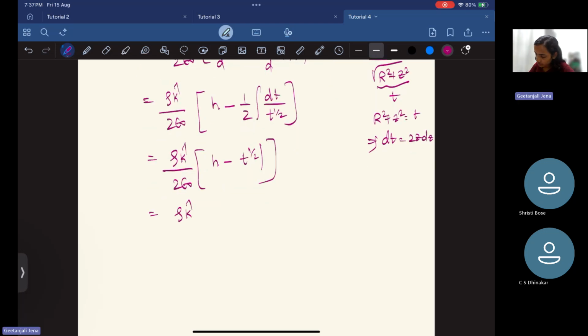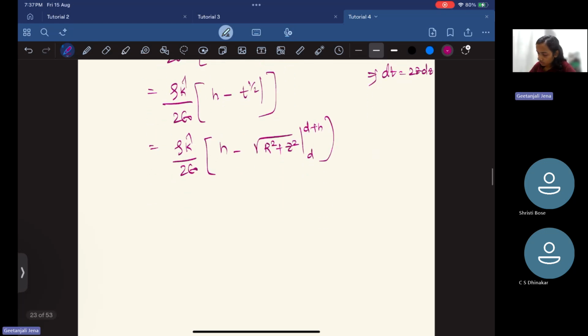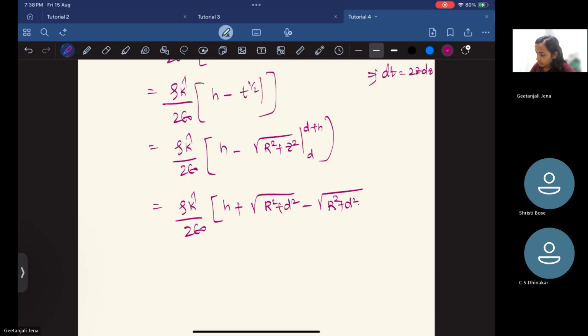So let us back substitute the t value. t is nothing but r square plus z square, with the limit from d to d plus h. So the electric field now will be rho k cap by 2 epsilon naught times h plus square root of r square plus d square minus square root of r square plus d plus h square.